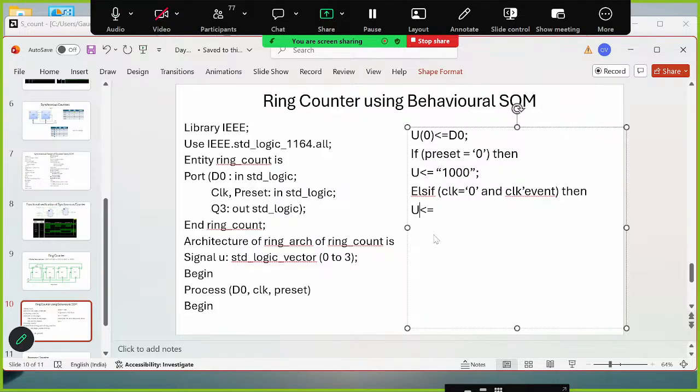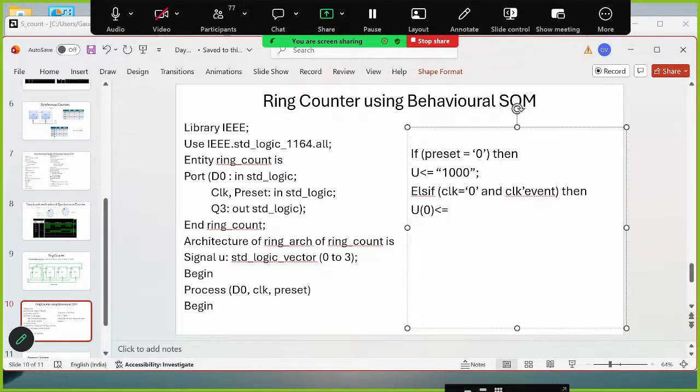That u(0), I don't think it is required, but still, let's see. I should write over here, not u(0). D0 is the input and Q3 is the output.